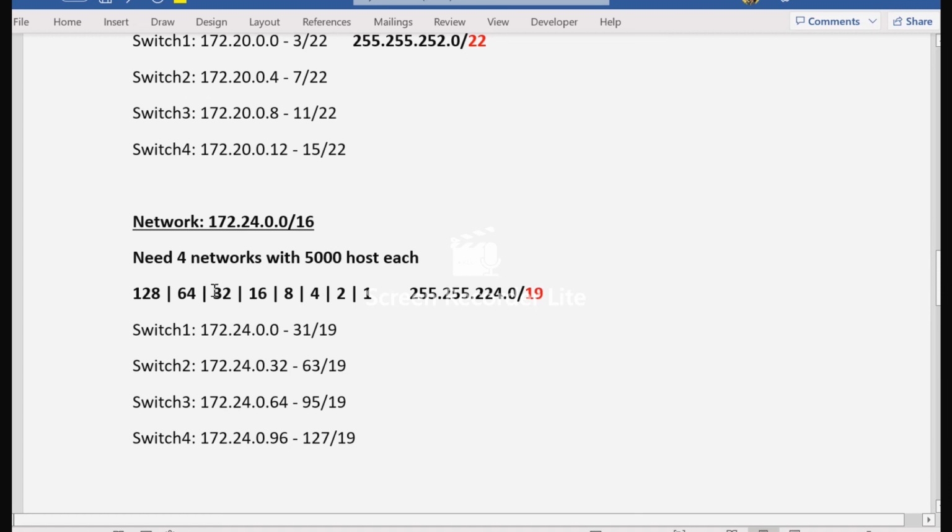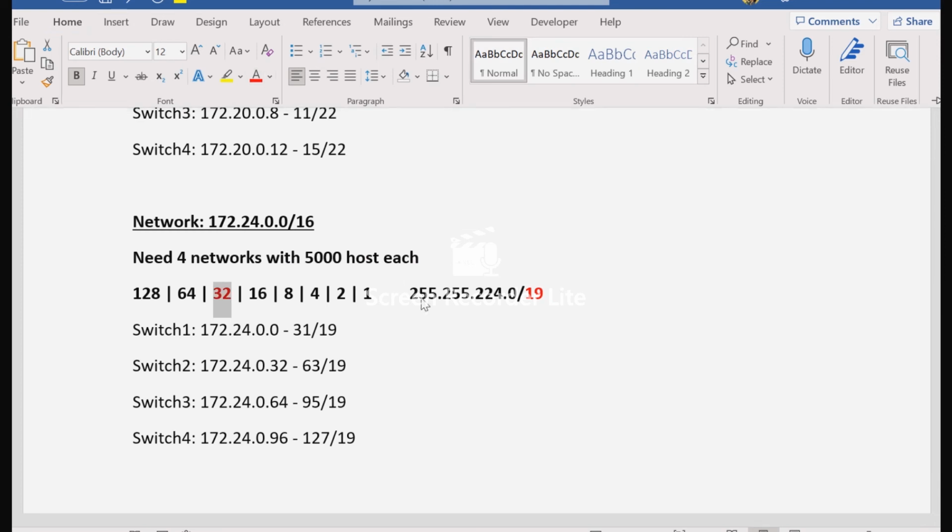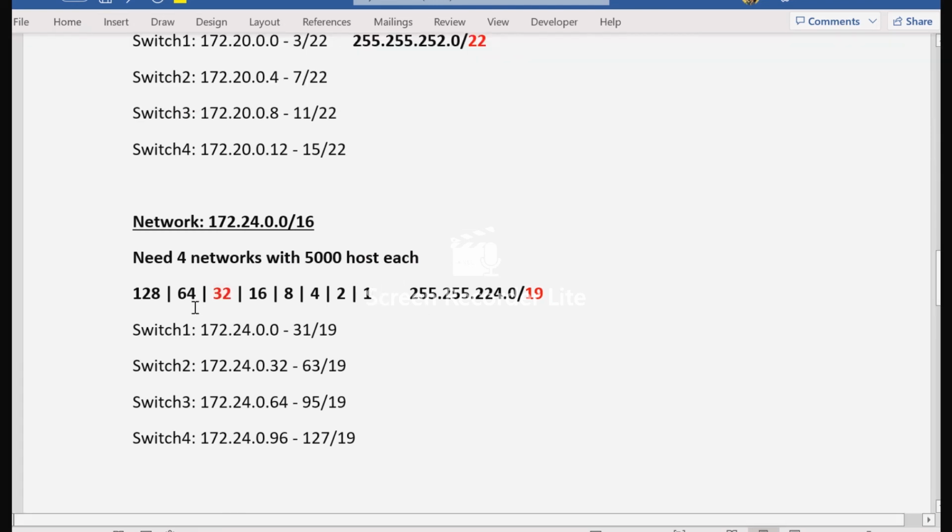Let me put this here in red. Our networks are here and they are incremented by 32. Here our first network is 172.24.0.0, and it will go on to 172.24.0.31, and this would be our network address, and this would be our broadcast address, and the addresses between there would be our usable hosts.